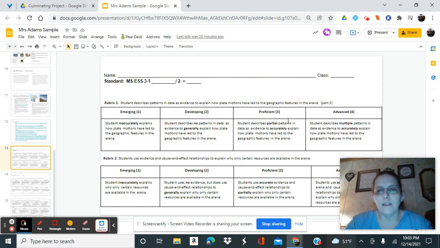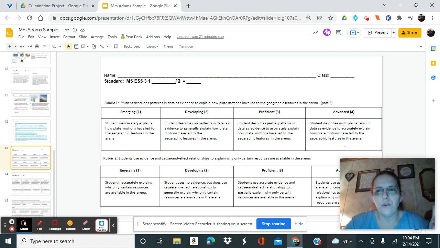So how did they get there? Okay. And then the second section on that was the resources in your arena. What do you have the most of? What do you have the least of? So, and then how do you explain how they got there? What evidence or cause and effect relationships do you have that got them there?